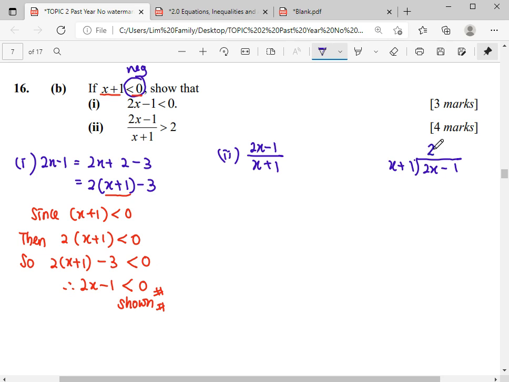So 2 times x, we get 2x. 2 times 1, we get 2. So the balance here is negative 1 minus 2, which gives us 3.